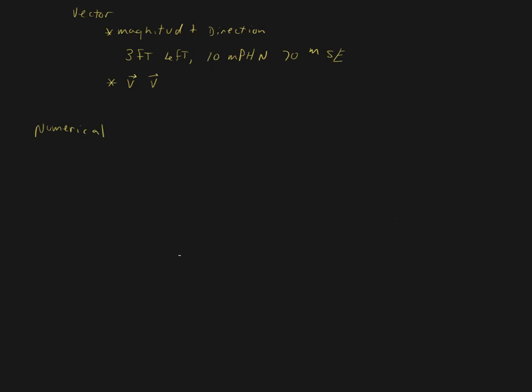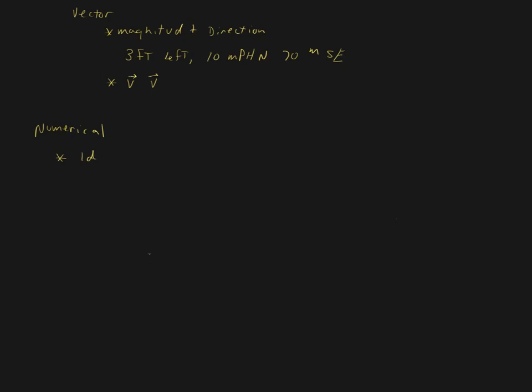So when we're working in one dimension, there are only two possible directions something can move. It can move left or right, it can move up or down, it can move in or out. Sometimes we'll talk about it as being north, south, east, or west. But it's only two possible directions.